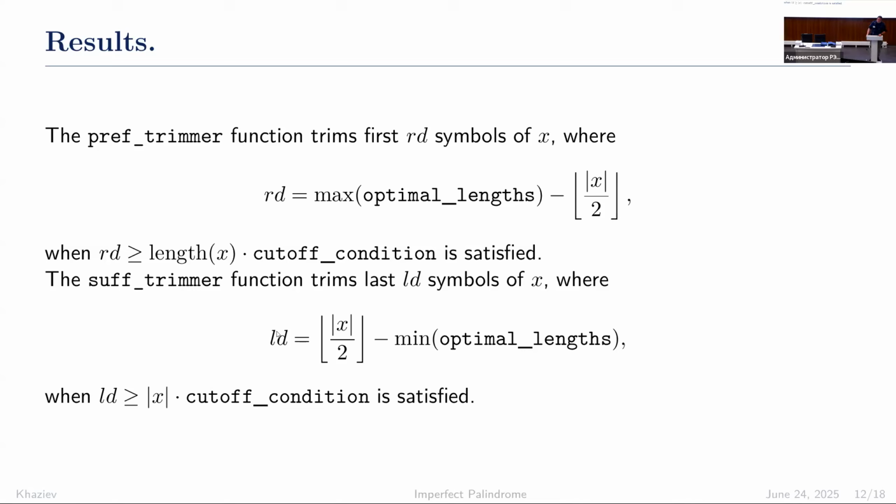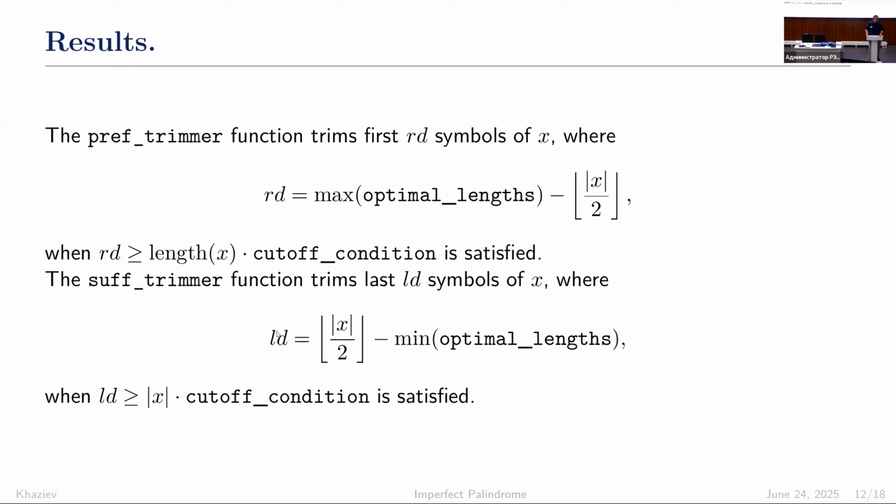And we have the second one as well. We also have LD, which is the difference between the middle of the sequence and the minimal optimal length.